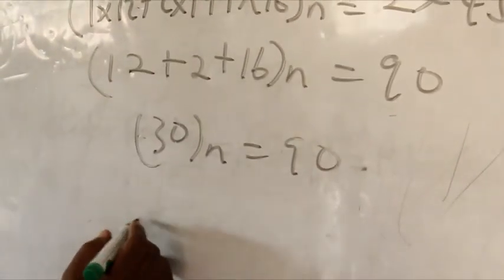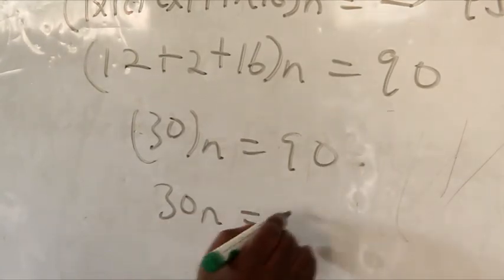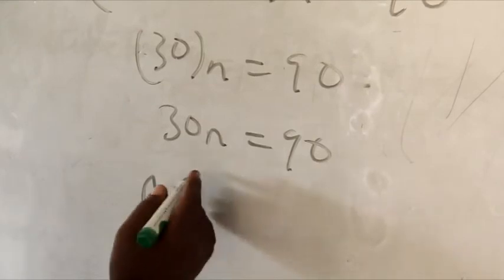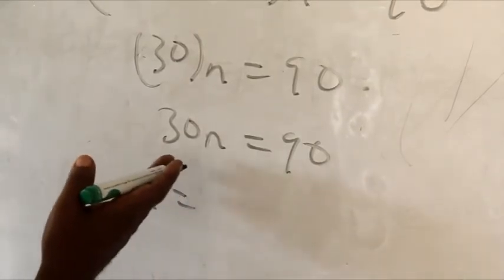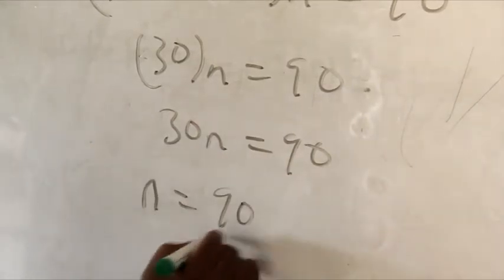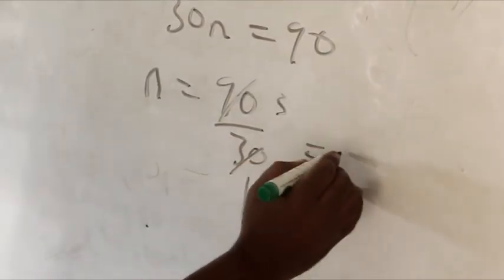Removing the bracket, we have 30n equals 90, and then n will be equal to, dividing both sides by 30, 90 over 30. The zero cancels, and 9 over 3 gives us 3.